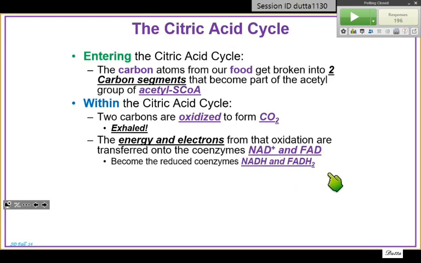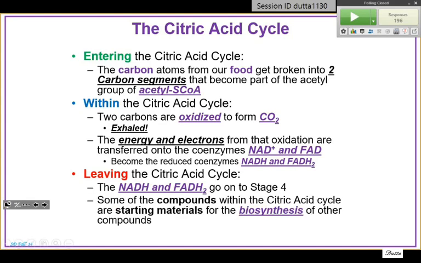These molecules will enter the last stage, called the electron transport chain. You need to memorize the steps, and I'm going to repeat this in the next 3-4 chapters because this is the common metabolic pathway. After the citric acid cycle, the electron carriers, the reduced coenzymes NADH and FADH2, will enter the electron transport chain.